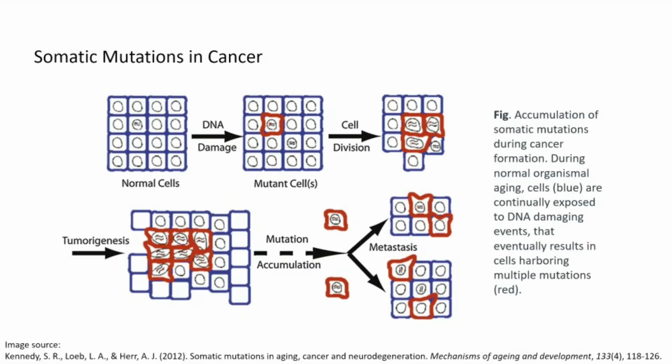That means it is not passed from the parents, but is developed while the individual is maybe exposed to some risk. Yeah, so this is a picture of how somatic mutations can happen in the tissue, and how it is going to look in the tissue.